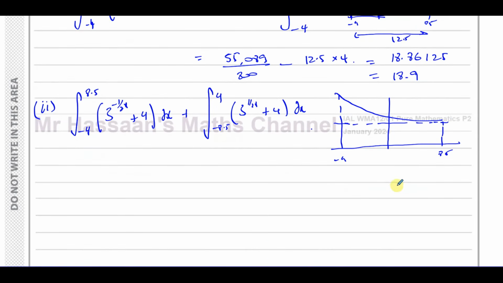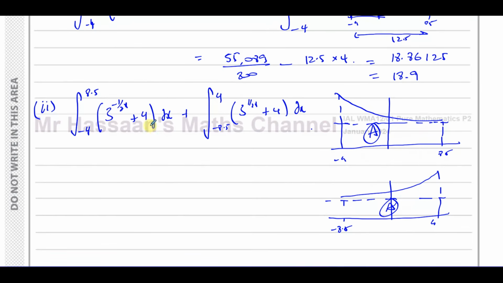Now the other graph is the same graph, except it hasn't been reflected in the y-axis. It's going to be basically the mirror image of this, but starting from negative 8.5 and ending at 4. So it's going to have the same asymptote, but it's going to go like this. So basically, this area and this area will have exactly the same area. It's just a mirror image of this.